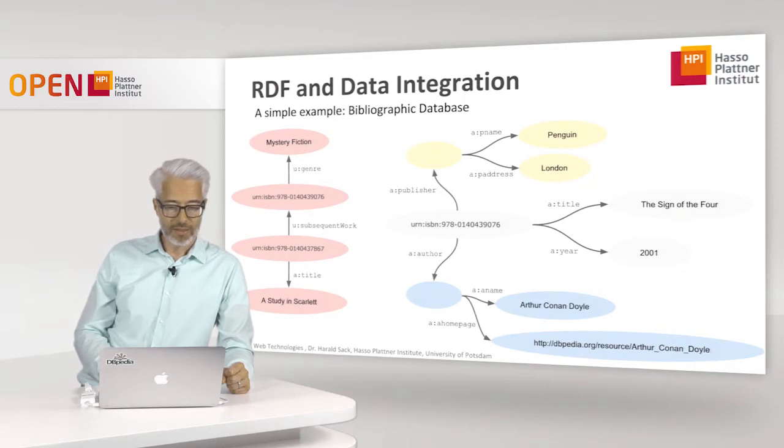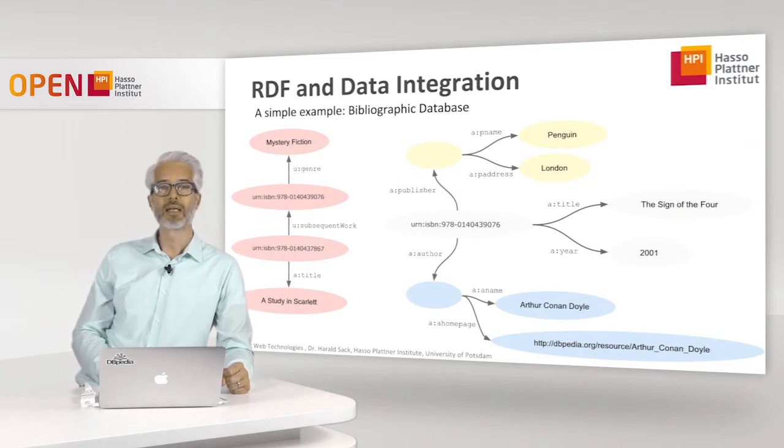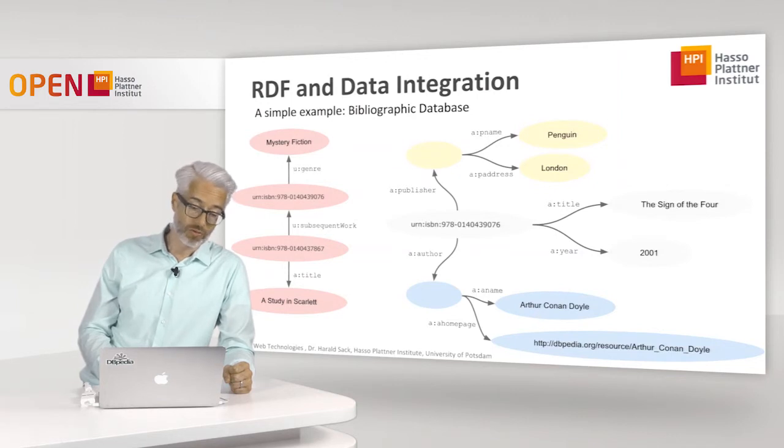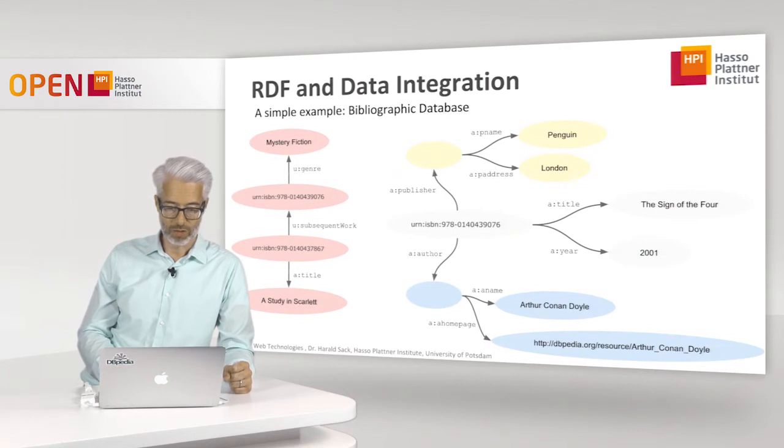So you see here we have 2 ISBN numbers, and this means we have one ISBN number which has the title A Study in Scarlet, and we have a second ISBN number, and they both are connected with a property which is called subsequent work, which means first appeared the lower ISBN number, then this was followed by the upper ISBN number, by the second book that was published.